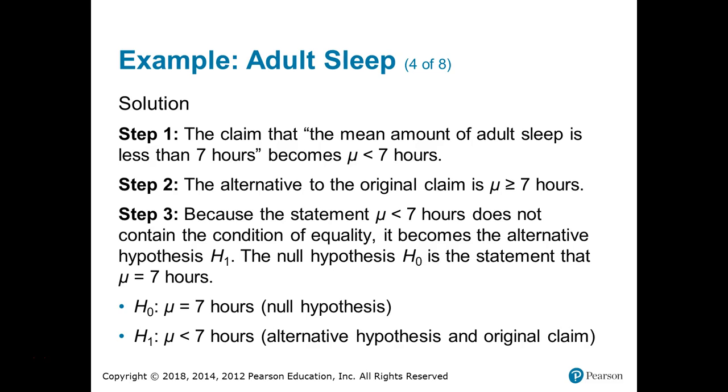Because the statement mu is less than 7 does not contain equality, that becomes the alternative hypothesis. So the null hypothesis, which has to have the equal sign, will say mu equals 7, and then mu is less than 7 is the alternative hypothesis. Again, the alternative hypothesis is the original claim.